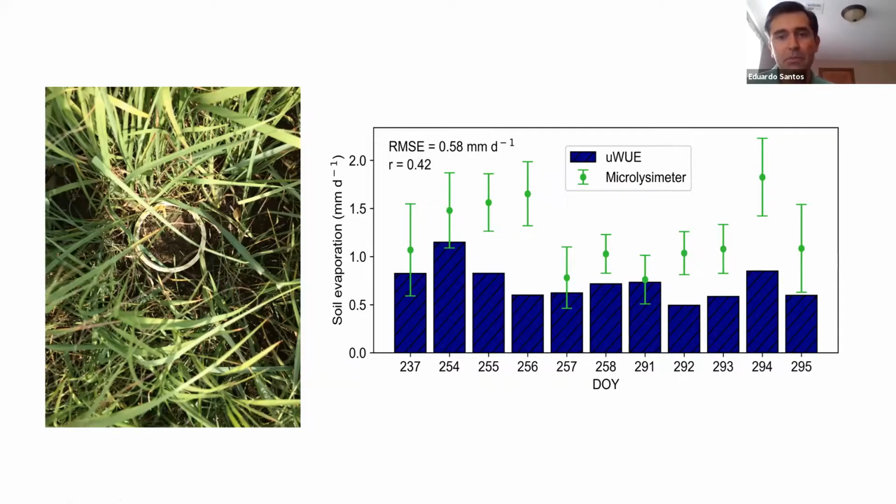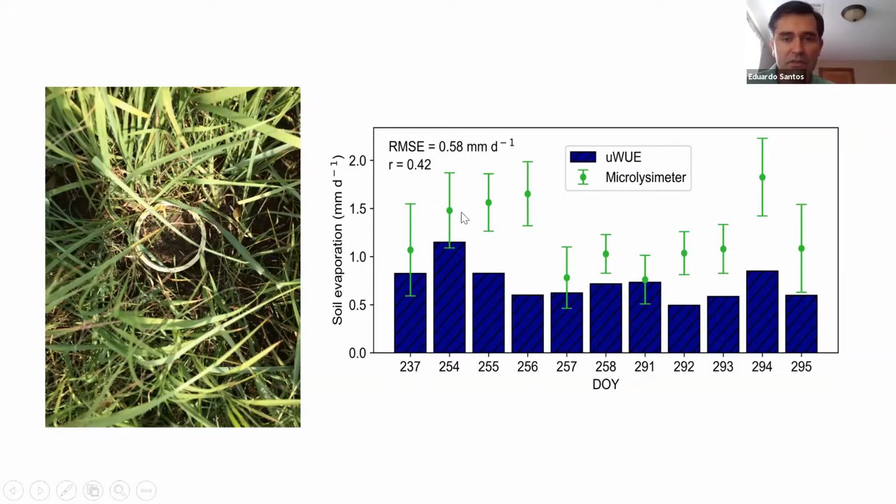So this is basically like a Boltzmann lysimeter, but we could deploy several of those around. Since you don't have vegetation inside, you can assume this is the evaporation, not the evapotranspiration, mainly the evaporation from the soil.